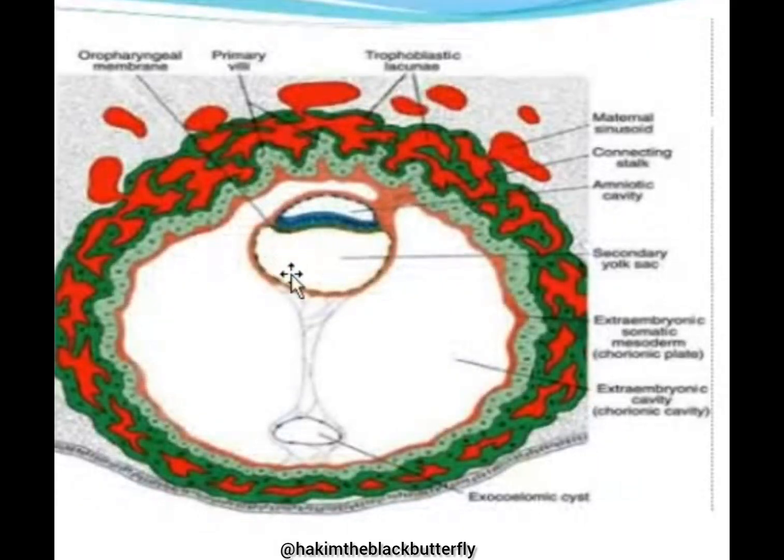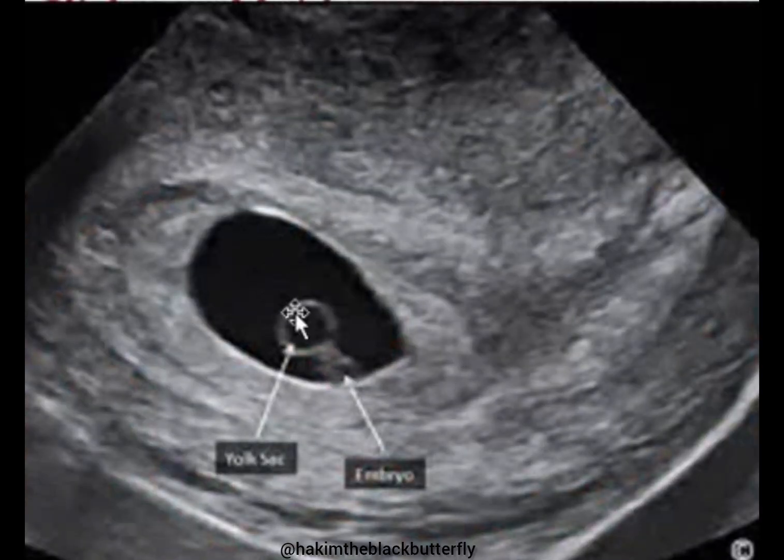On the inside, you see a smaller cavity, which is the yolk sac cavity, surrounded by the yolk sac or yolk sac membrane.